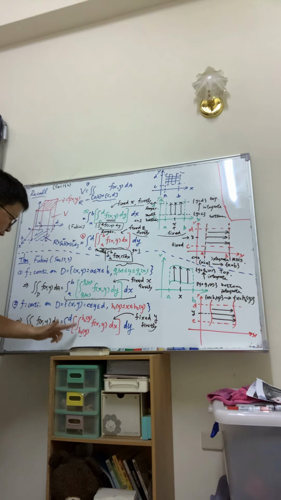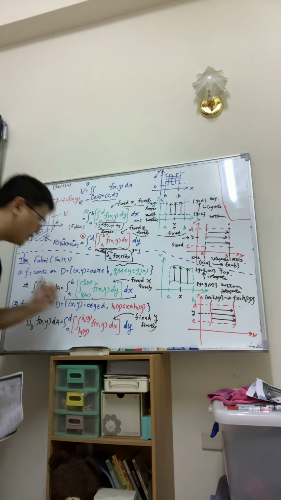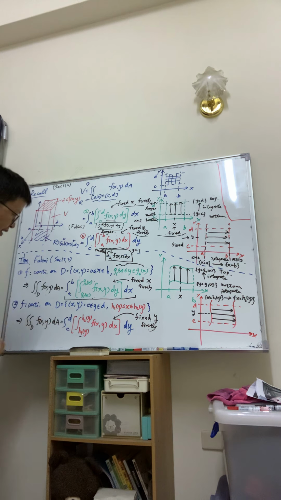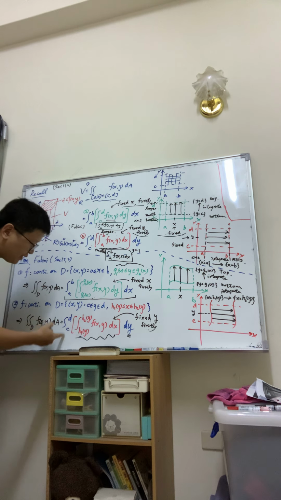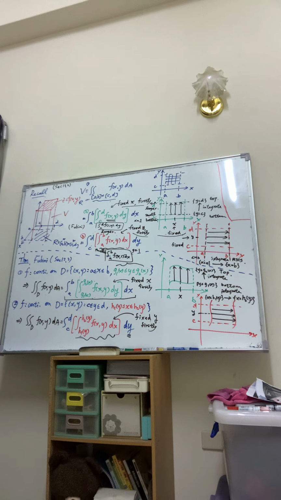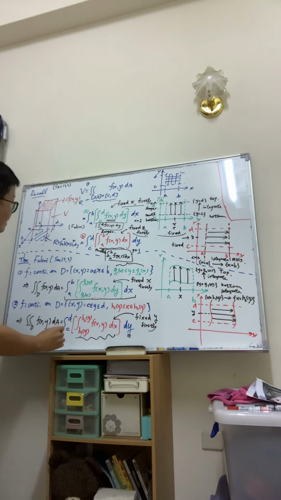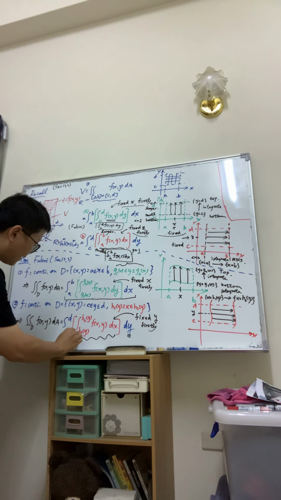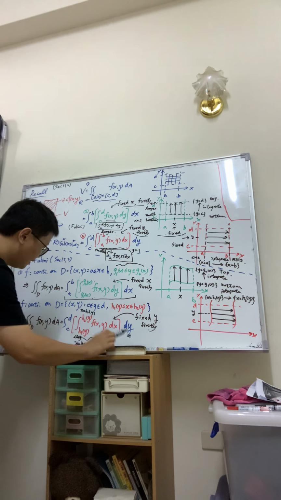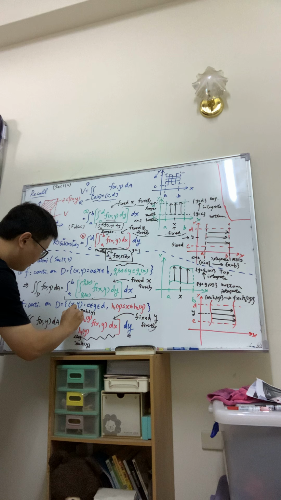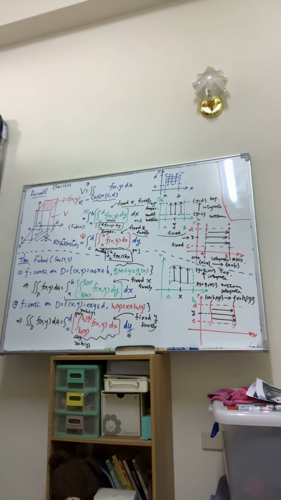In other words, we integrate x from x equals h1(y) to x equals h2(y), and after that it's a function of y, and we integrate y from c to d. So again, it's the smaller and it's the left hand side. We integrate from x equals h1(y) to the function x equals h2(y), from the left hand side to the right hand side.